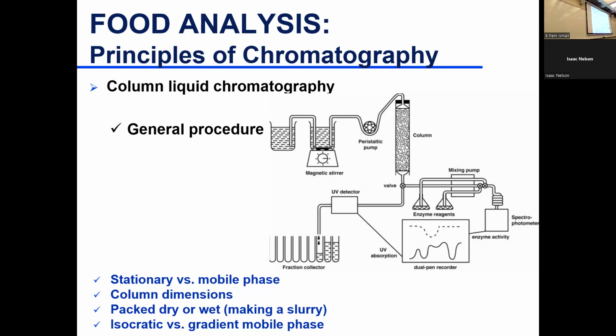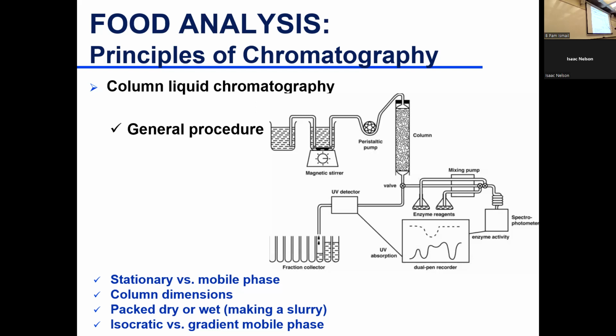Since it's not tightly packed, column liquid chromatography using those big columns generates low pressure. And that's why we call it low pressure liquid chromatography. So, this is a scheme that shows a little bit what happens in column liquid chromatography.